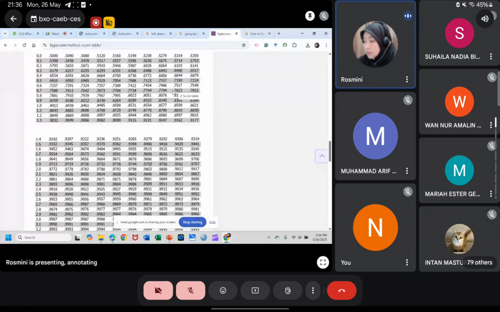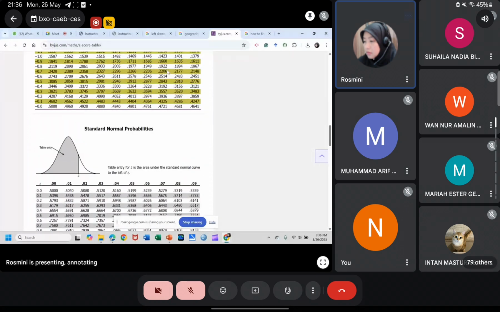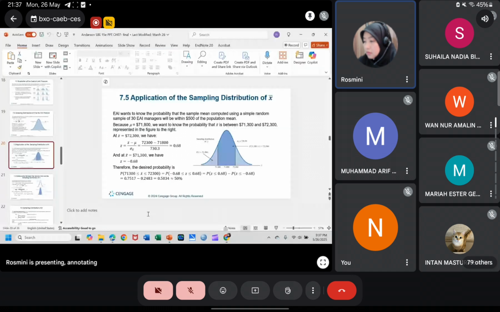So 0.7517 minus 0.2483. Okay, correct. So what you will get is 0.5034.